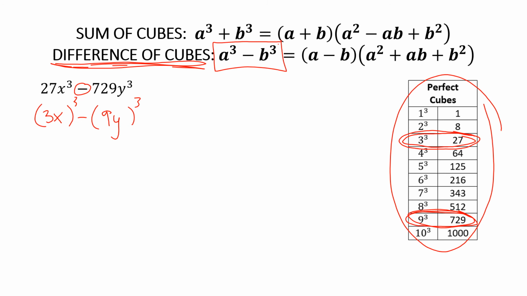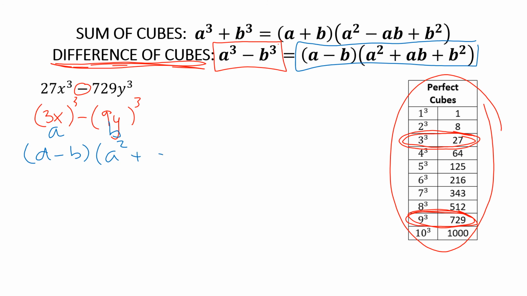So from here I have my a value and I have my b value, and I'm going to look at the rest of that formula, and everywhere where I see a, I'm going to plug in a 3x, and everywhere where I see b, I'm going to plug in a 9y. So for the first part, a minus b, I'm going to write 3x minus 9y.